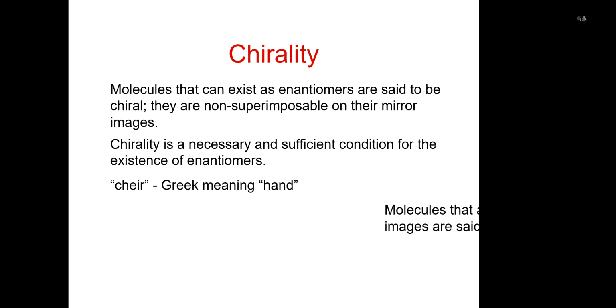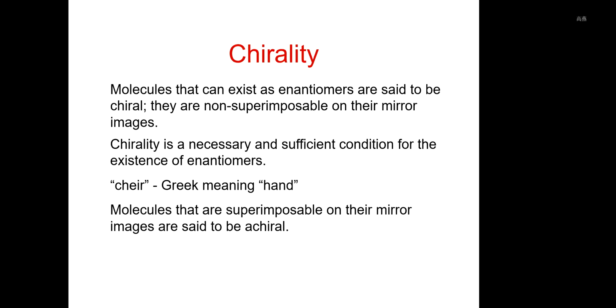For enantiomers, the molecules that can exist as enantiomers are said to be chiral. Chiral in Greek means hand, right? So a pair of enantiomers are just like our left hand and right hand and cannot be superimposed ever.